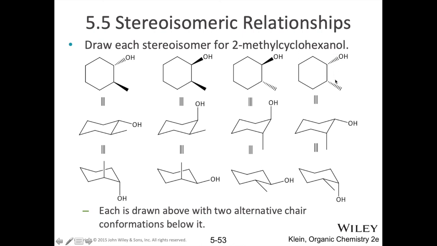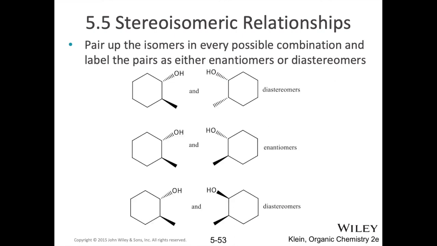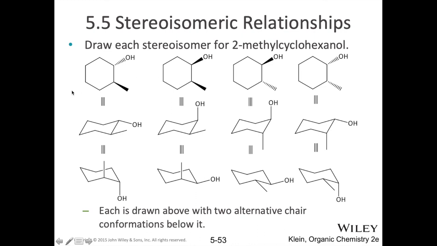Now, how are these connected as enantiomers or diastereomers? Here are the different combinations. So here are these two molecules. Actually, if I go back a slide, that's this molecule here, and this molecule is just flipped 180 degrees. When you flip it, this OH group, instead of pointing towards you, winds up pointing away from you.